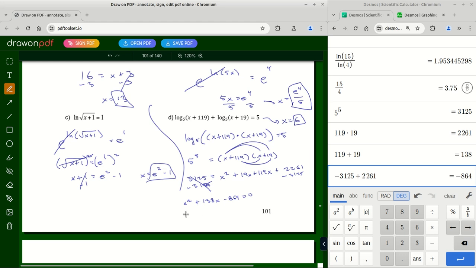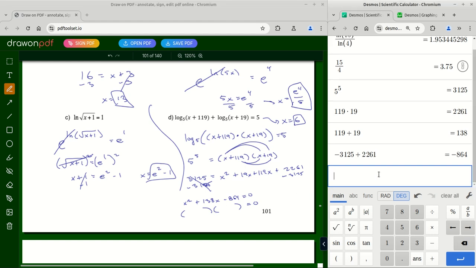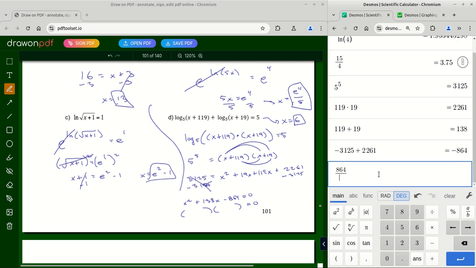Okay, and then I need to factor this. Ugh. What two numbers multiply to 864 but add up to 138? It's fine. I'll wait. Is there a 2 in there? There is, but those things ain't going to make a 138. What about a 3? Still, again, I'm adding these two numbers to get a 138, and that's not going to happen.